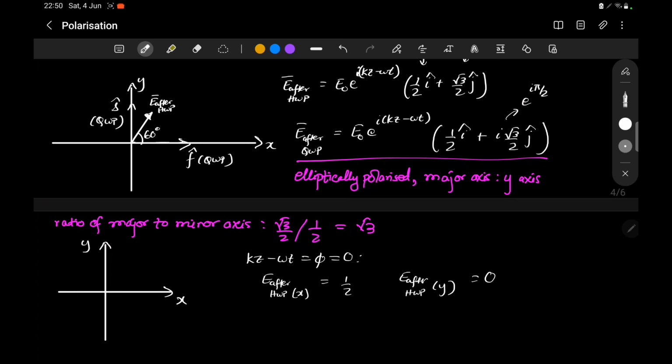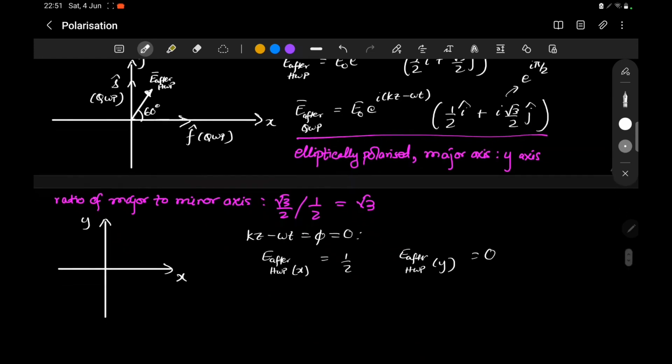So this would be e to the power i (kz minus omega t plus i pi by 2). So when kz minus omega t is 0, we just have this pi by 2, and cos pi by 2 would be 0. We are looking at the real part of these complex numbers. So we are at this point to start with. This is phi equal to 0.